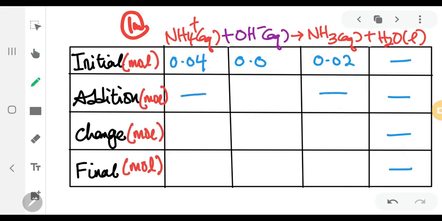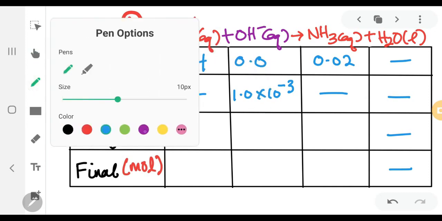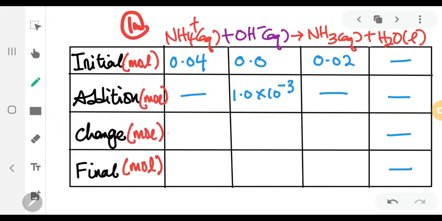Therefore, we don't have that for addition. But we do have addition of OH-, which is 1.0 times 10 to the power of negative 3 mole. And this OH- will be reacting with your conjugate acid. Therefore, it will be consumed. Thus, you have negative 1.0 times 10 to the power of negative 3 for the change.